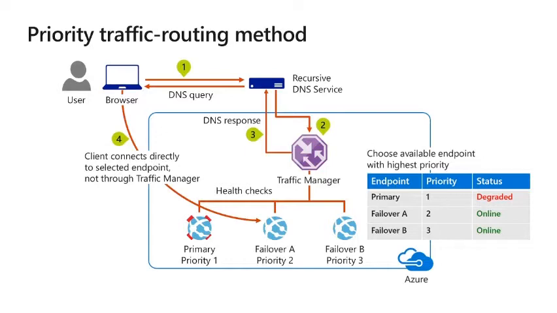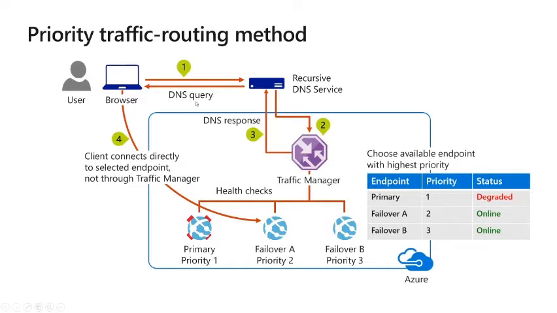The Azure Traffic Manager profile contains a prioritized list of service endpoints. By default, Traffic Manager sends all traffic to the primary or highest priority endpoint. If the primary endpoint is not available, Traffic Manager routes the traffic to the second endpoint, and so on.